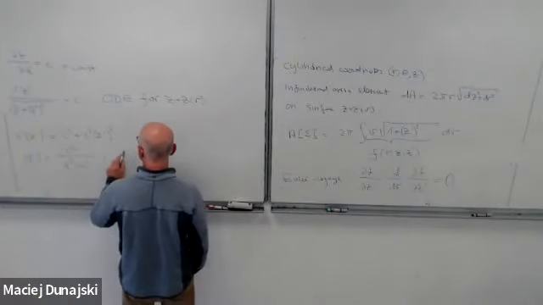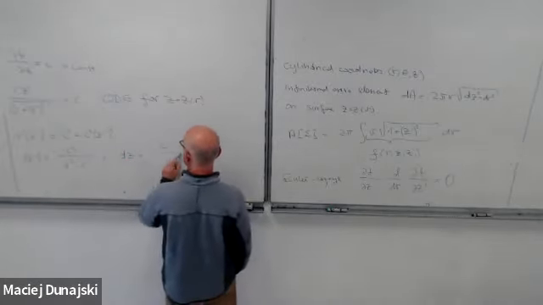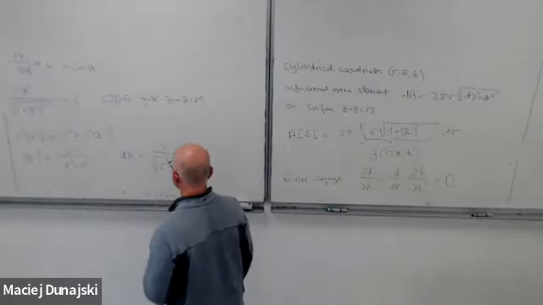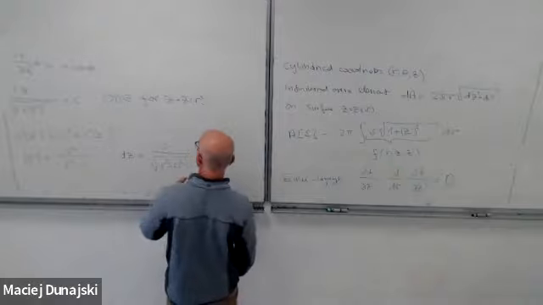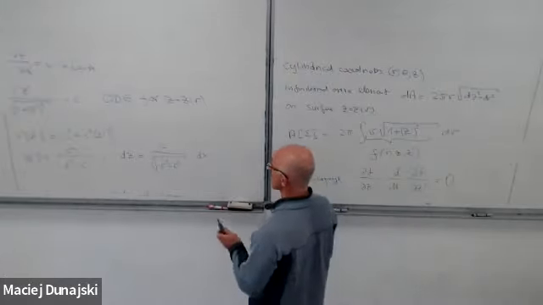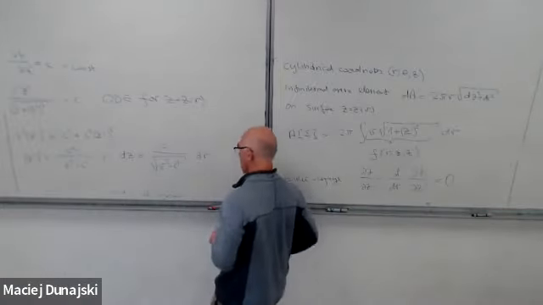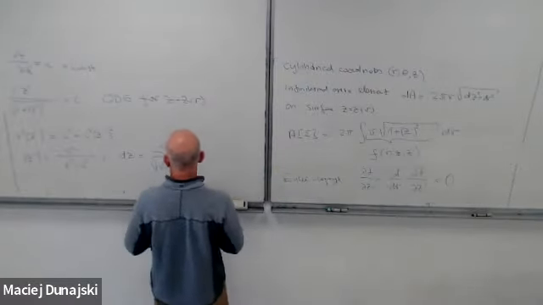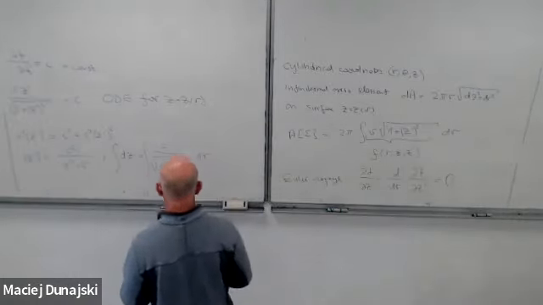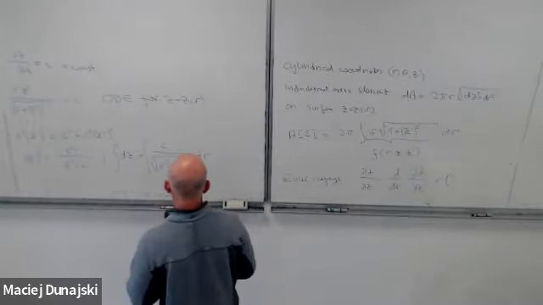So dz equals c divided by the square root of r squared minus c squared, dr. So I'll integrate.